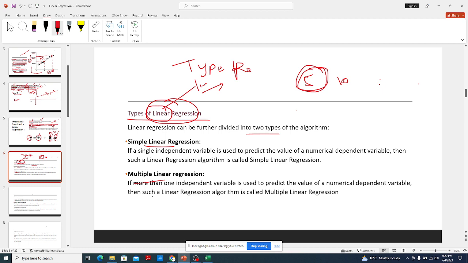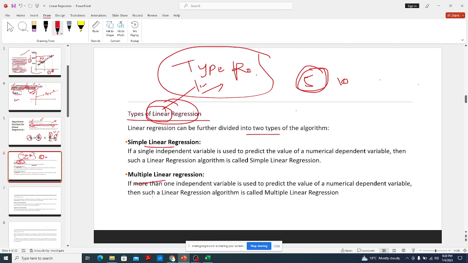I can only remember 4. You can go and check more types of regression.